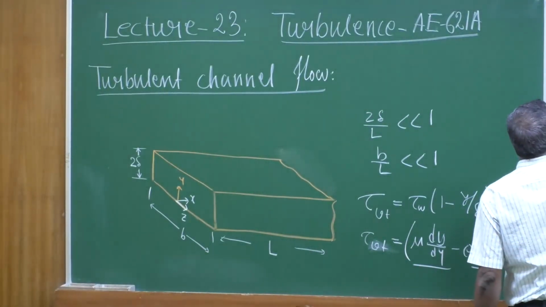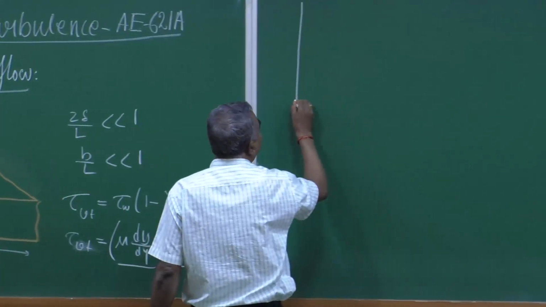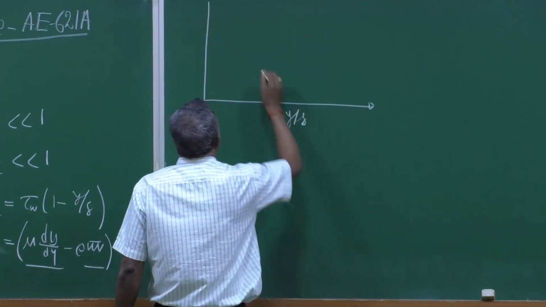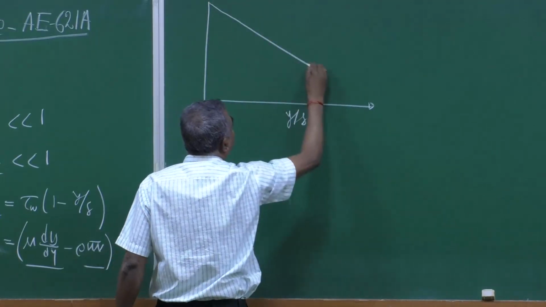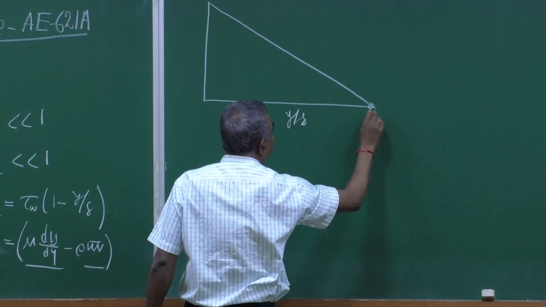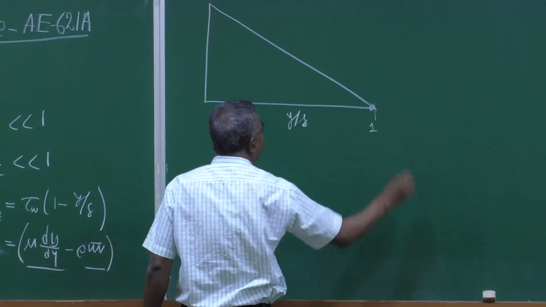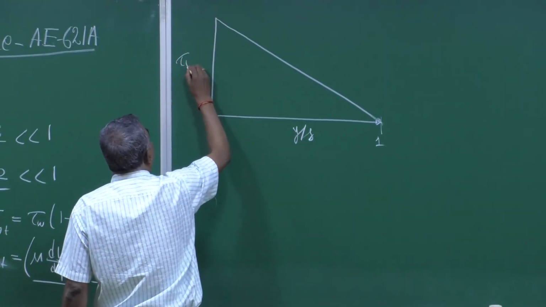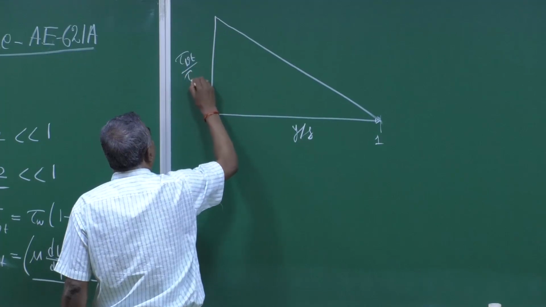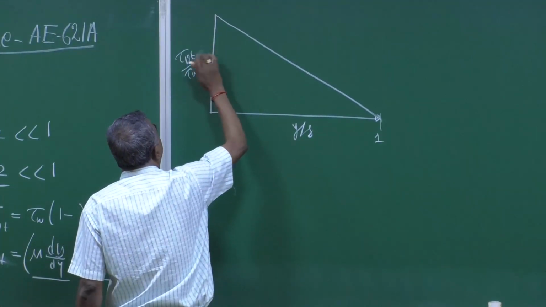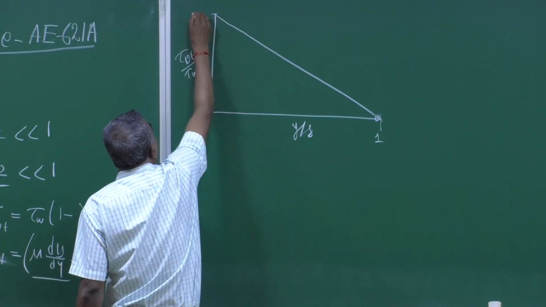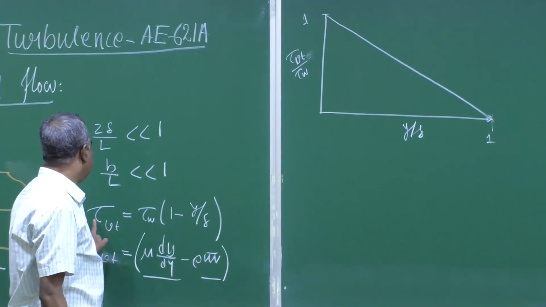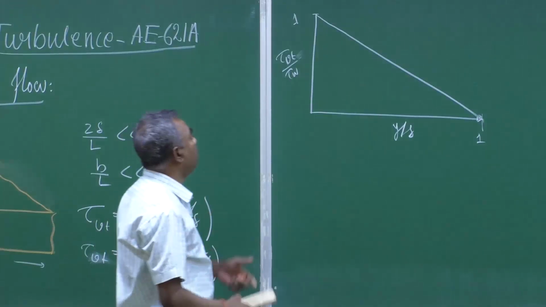Then while we draw this particular profile with respect to y by delta, the total shear stress varies like this. So, this is y by delta equal to 1, and this axis is tau t divided by tau w. So, this maximum value is of course 1, as you can see at y by delta equal to 0, tau t divided by tau w is equal to 1.